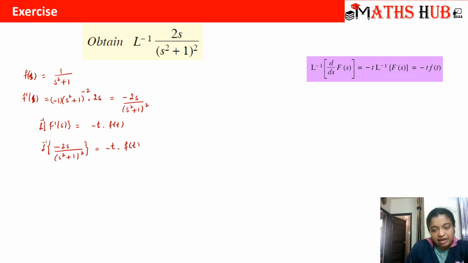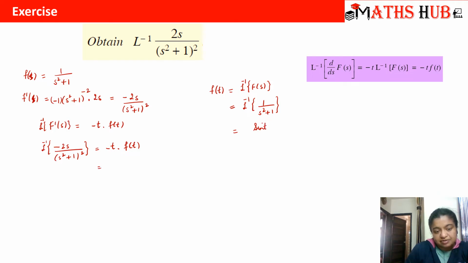Now what is my f(t)? f(t) is basically my function, right? So what will be my function in this case? f(t) will be basically Laplace inverse of F(s), isn't it? So Laplace inverse of what is my F(s)? F(s) is 1 by s square plus 1. So Laplace inverse of 1 by s square plus 1 is what? Sin t.